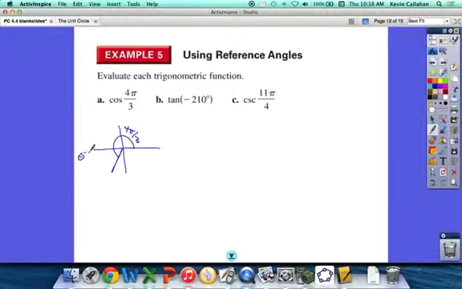Theta prime equals, what is this right here? And if this is 4 pi over 3, and this is 3 pi over 3, then what is this? It's pi over 3, right? I mean, if you just subtract 4 pi over 3 minus pi over 3. So using reference angles, you would say, okay, well, what is the cosine of pi over 3?